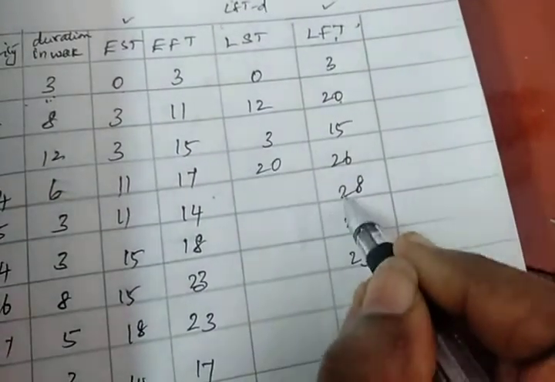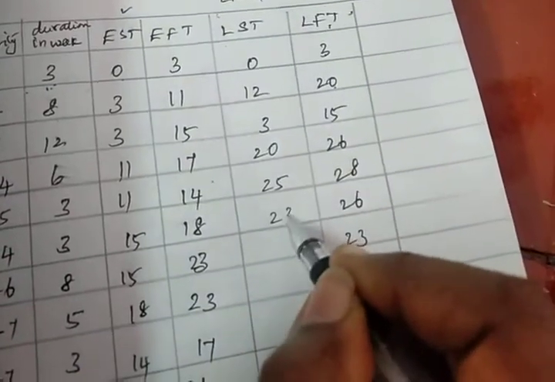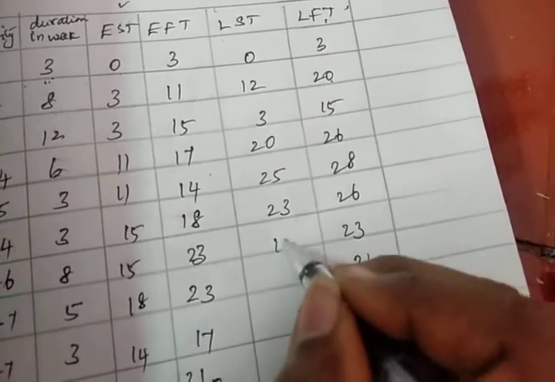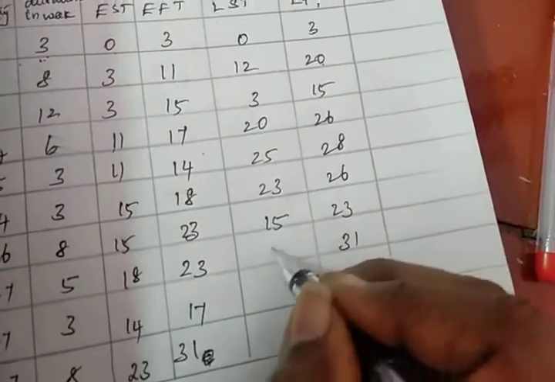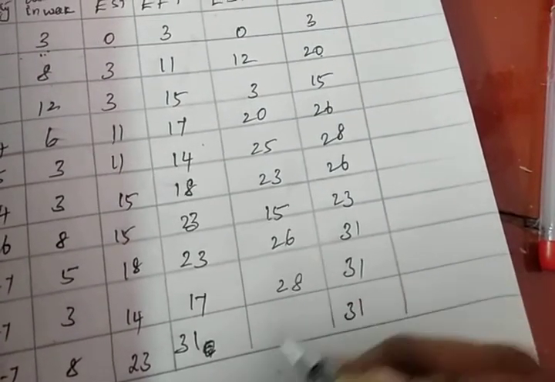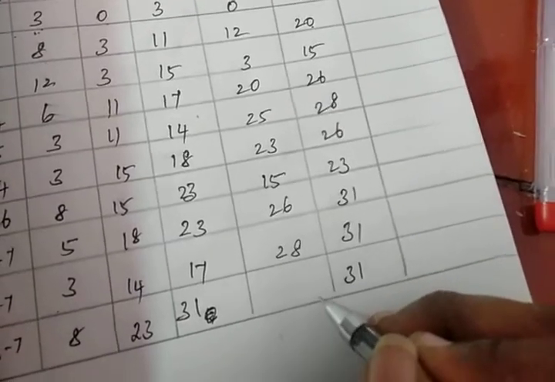So 3 minus 3, it is 0. 20 minus 8, 12. 15 minus 12, 3. 26 minus 6, 20. 28 minus 3, 25. 26 minus 3, 23. 23 minus 8, 15. 31 minus 5, 26. 31 minus 3, 28. 31 minus 8, 23. Now we have completed.